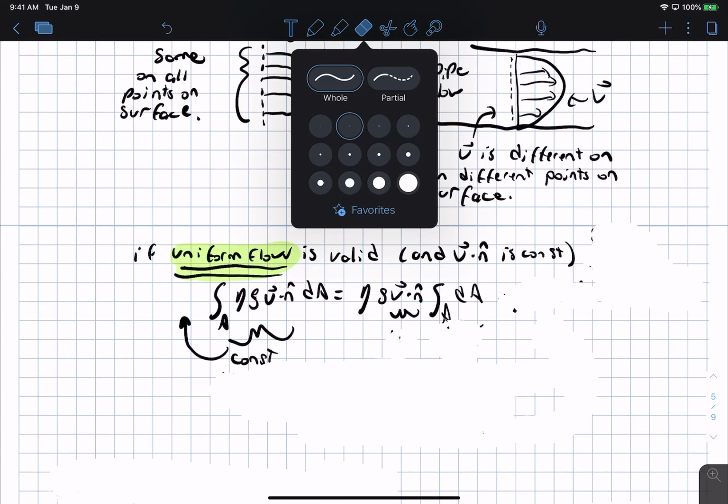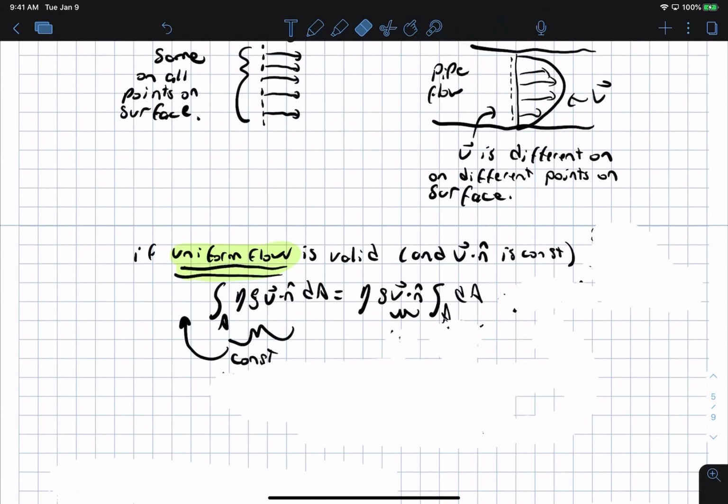What I have here is just eta times rho v dot n hat times the area integral of dA. The area integral of dA is just the area, and v dot n hat is just vn.